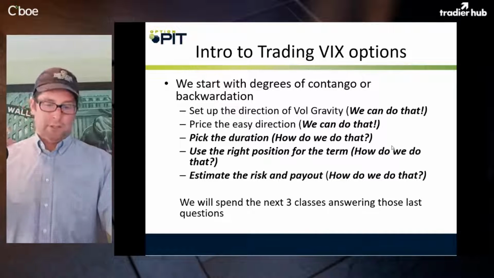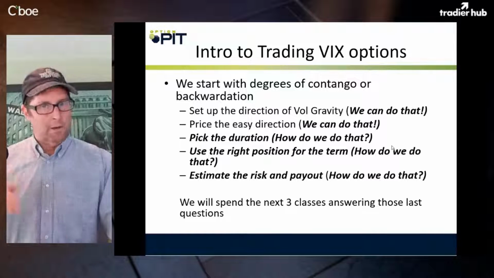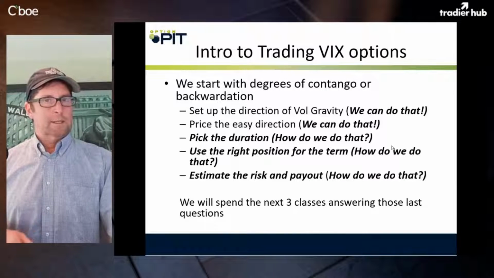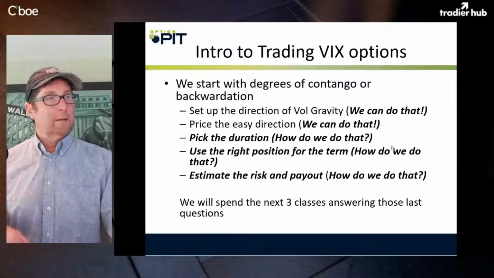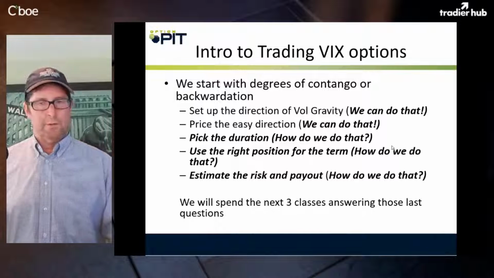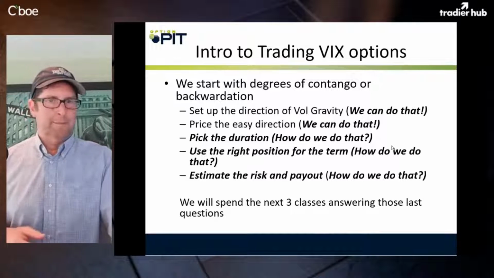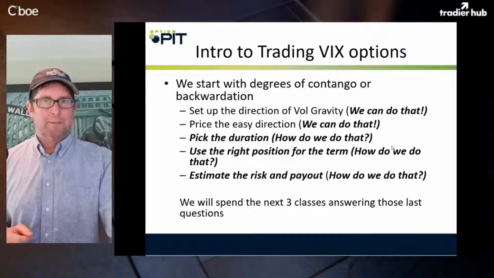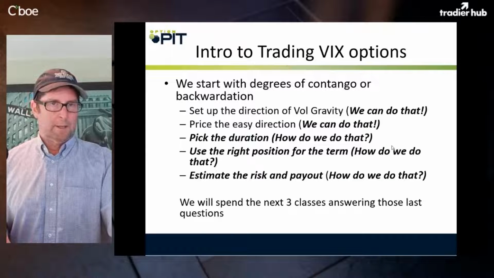Like, how steeply pointing down are we? How steeply pointing up are we for backwardation? That gives you an idea of the velocity of the market. Again, if these terms are foreign to you, sorry, but I'm trying to use terms that people can understand, especially if you're new to VIX or volatility.